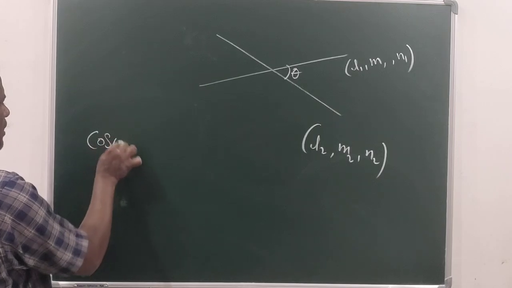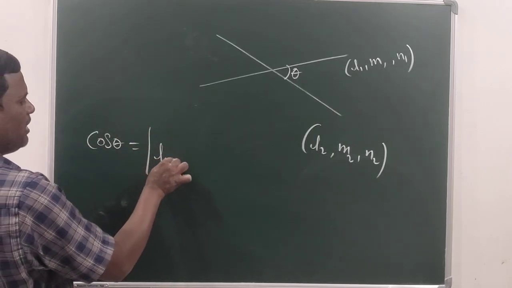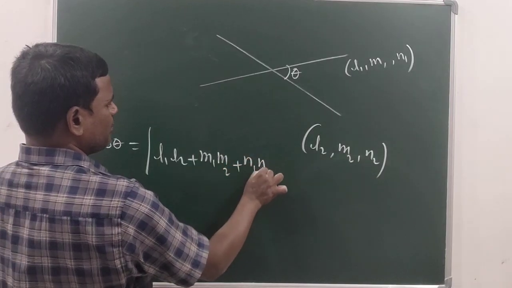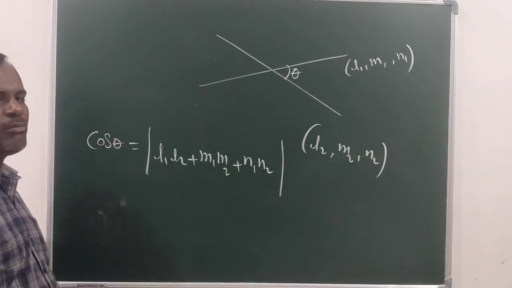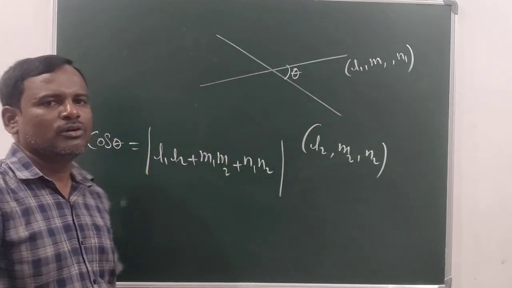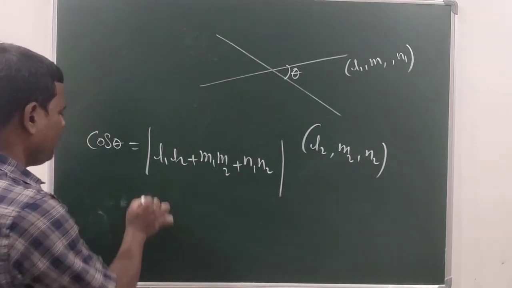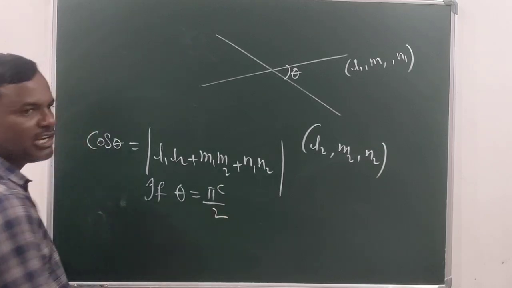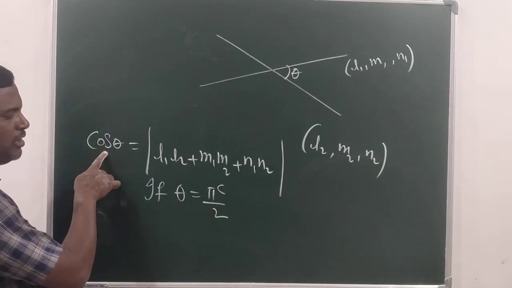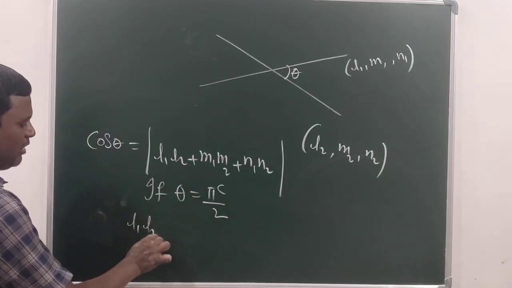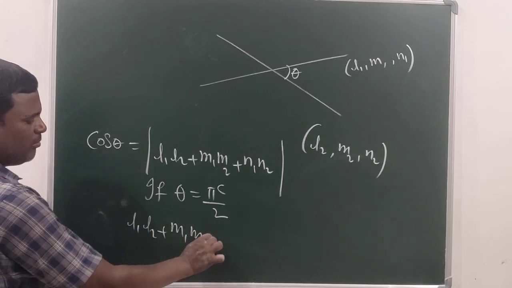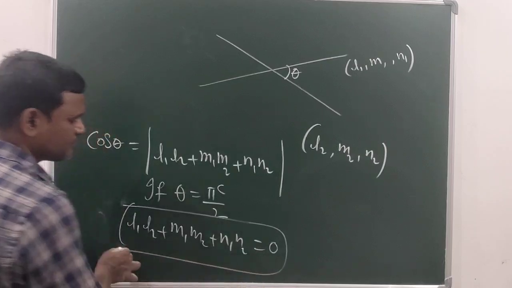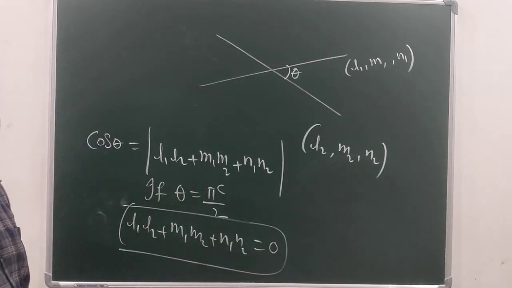So use this formula: cos theta is equal to mod of L1 L2 plus M1 M2 plus N1 N2. If you apply this formula, you will get the angle between the two lines. If theta is 90, meaning the two lines are perpendicular, cos 90 value is 0. Hence L1 L2 plus M1 M2 plus N1 N2 is equal to 0. This is the cos theta formula.